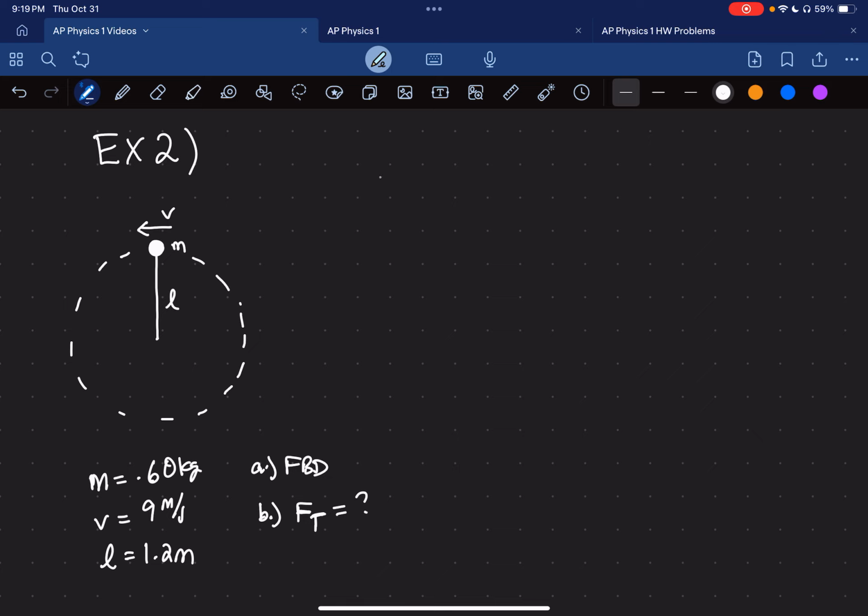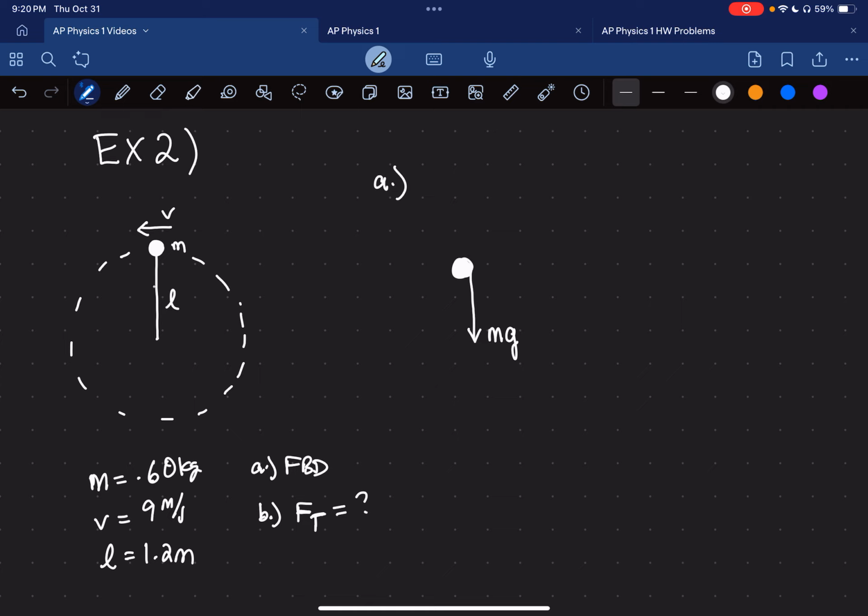Let's draw the free body diagram, and again, I encourage you to try this on your own, pause the video, and test yourself to see what you come up with. And so let's continue. Of course, there will be a gravitational force mg pointed downward, as we always do. And the tension force.